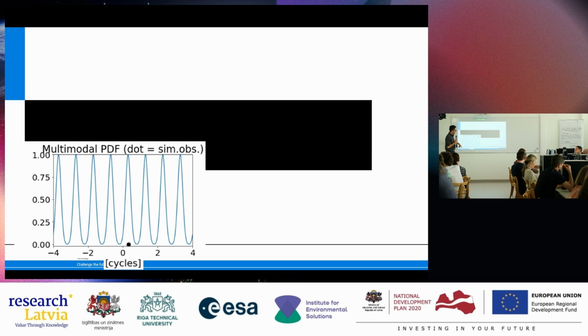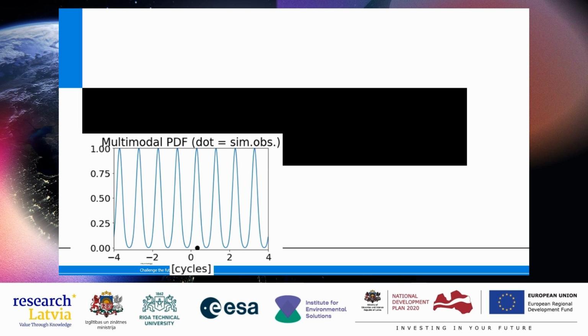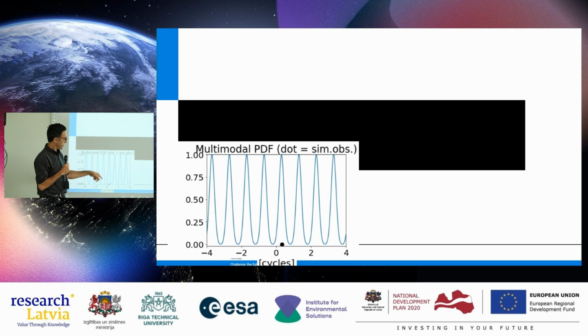If you have a Gaussian, you would have a single unimodal function. But because our phase has ambiguities, there is a higher likelihood for some phases and a lower likelihood for others, right? And this goes on until infinity. Now, if you have a probability density function like this and you simulate an observation, it will most likely be very close to the peak, right?